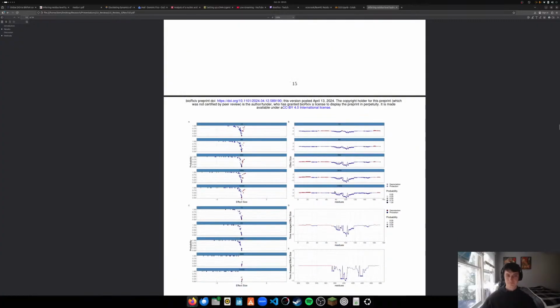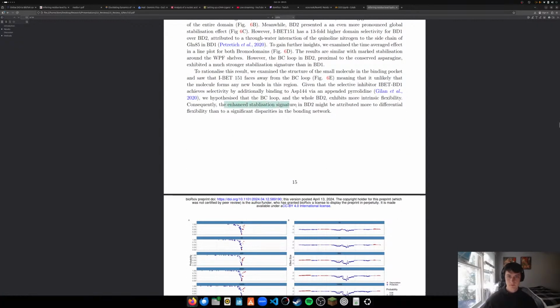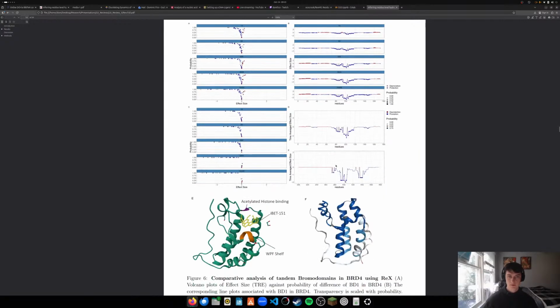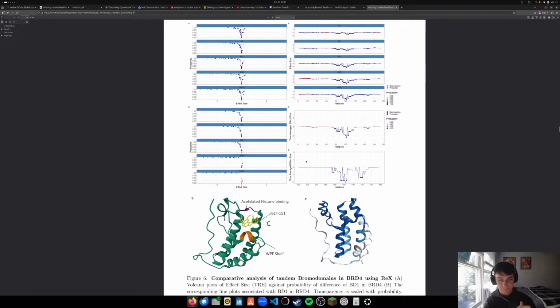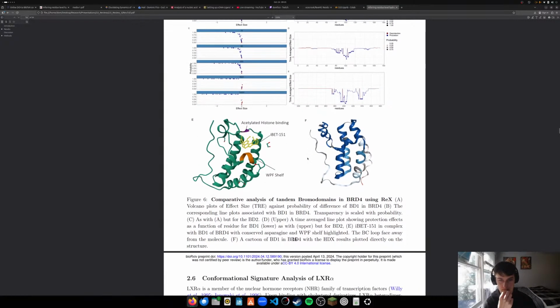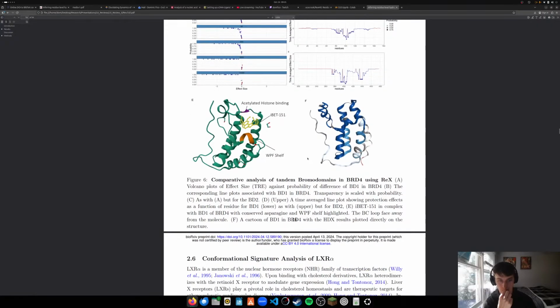Okay. I think they didn't get huge differences in their uptake, which I've seen before. Is this the difference right here? Are these the differentials?